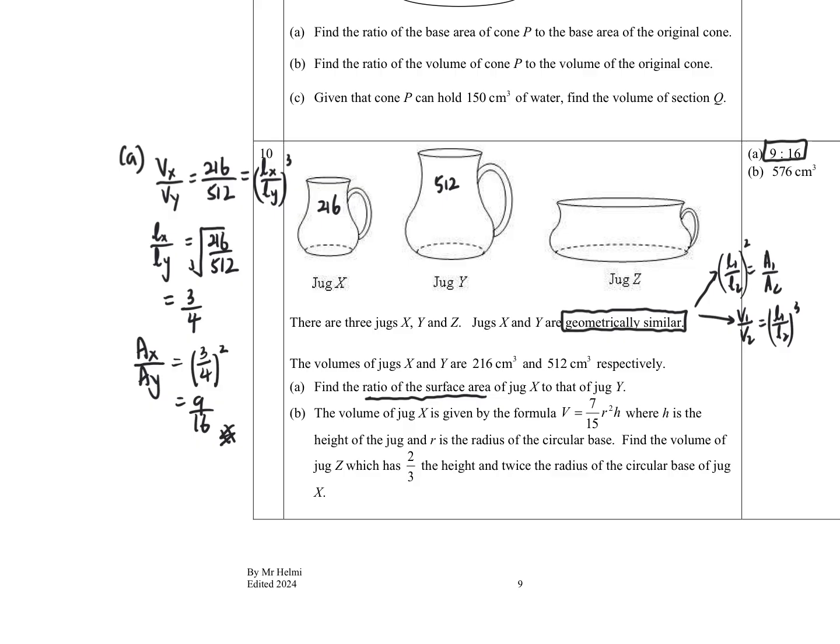Okay, next it says that the volume of jug X is given by this formula, 7 over 15 R square H. So they say I can find volume of X by using this formula, where H is the height of the jug. This one is H. And then the radius of the circular base is just R. So that's what the question is telling me.